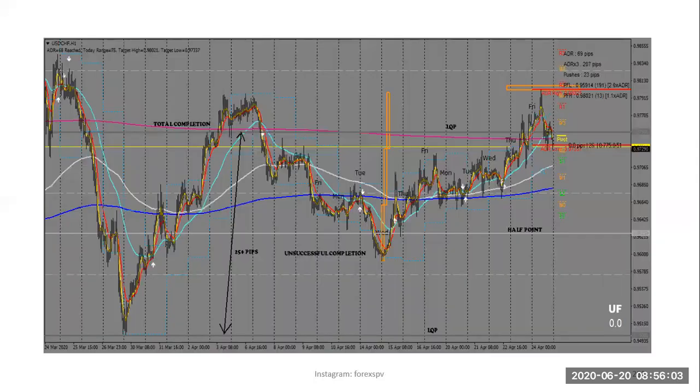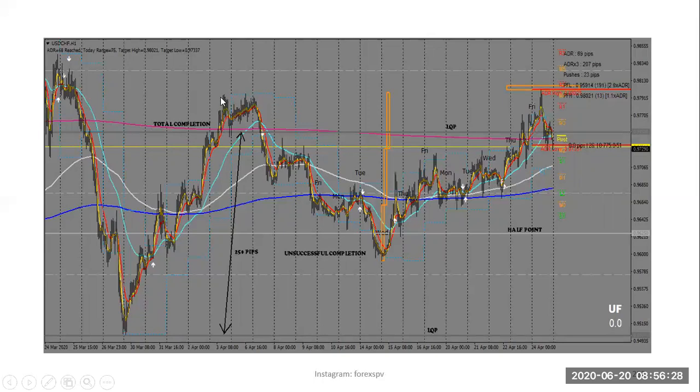Here is an example of a successful completion of a large quarter point. You can see we had a large quarter point at this level and to the next. Price bounced around the large quarter point here, and we have a 250 pip range.